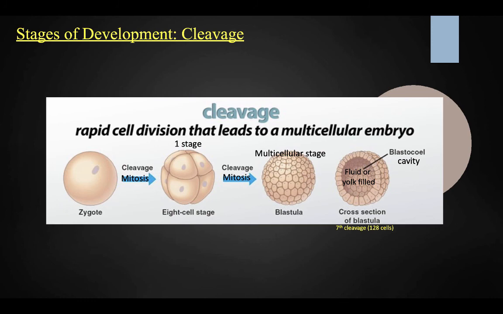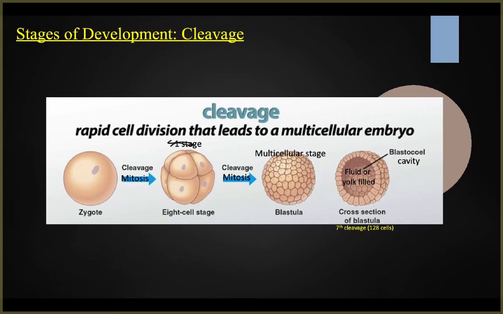Now for cleavage, cleavage is basically another way to talk about mitosis. So this is the first step, and you have the zygote, and then you'll go through, and I'm just gonna erase that stupid one stage thing. I don't know how that got there. And you'll see that it's basically multiplied several times to make an 8-stage clump of cells, AKA a multicellular embryo.